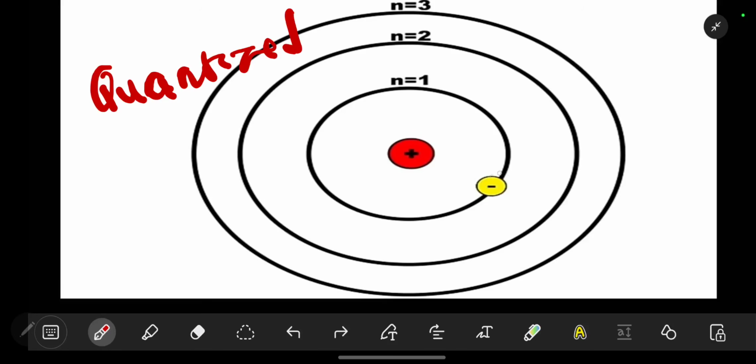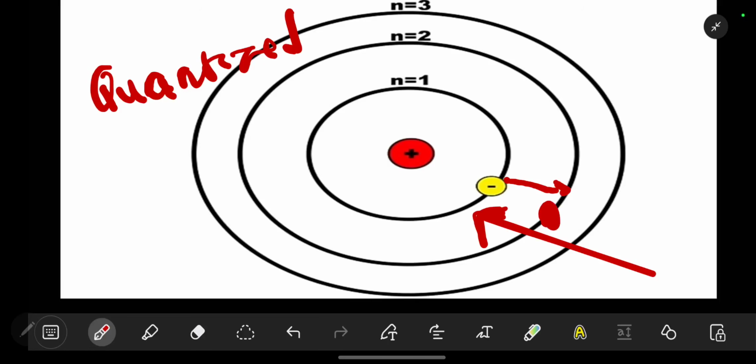Remembering our photoelectric effect, let's say an atom absorbs energy. If energy is added to the atom and that energy is absorbed, an electron will move from one energy level to the next because it has got more energy. Why does it move?